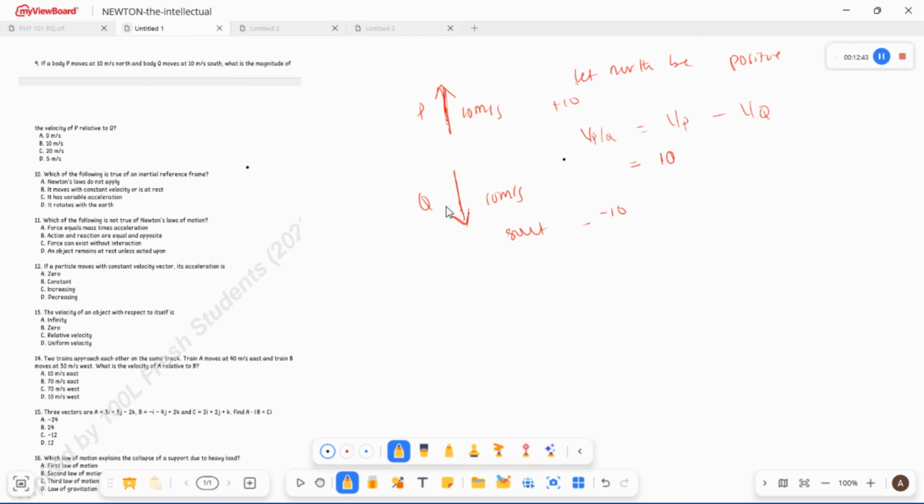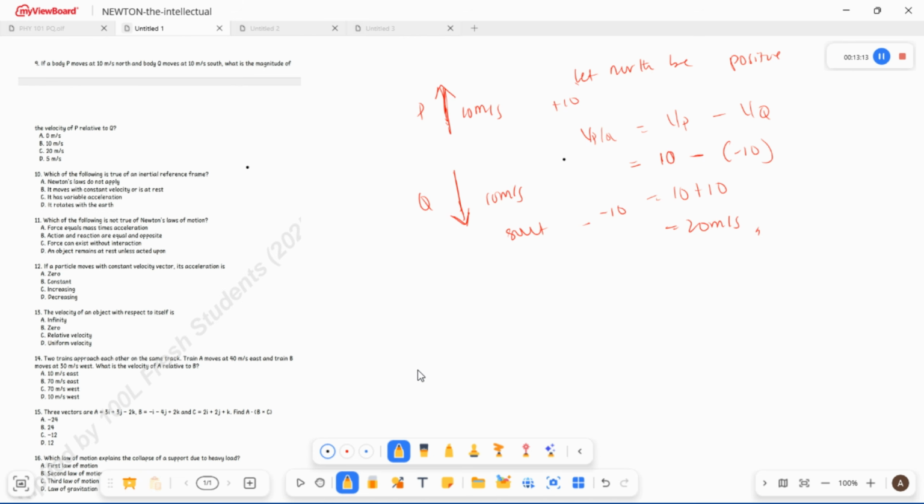And VP is the direction of the body P, that's the velocity which is 10. And since we're saying north is positive, then that term must be positive. Then we have minus VQ, which is in the opposite direction, south. So that one is going to be minus 10. So here we have 10 plus 10, and this is 20 meter per second. So that means option C is correct. The magnitude of the velocity of P relative to Q is going to be 20 meter per second.